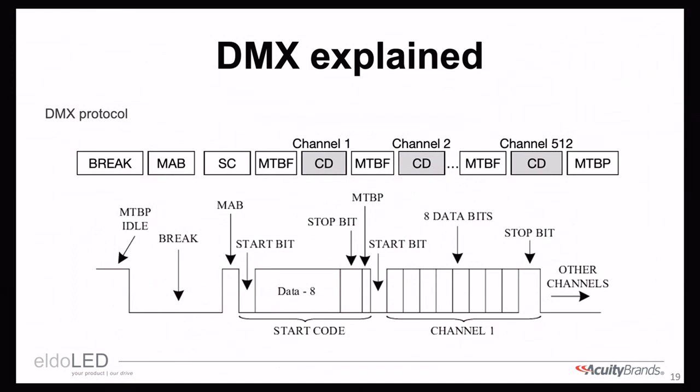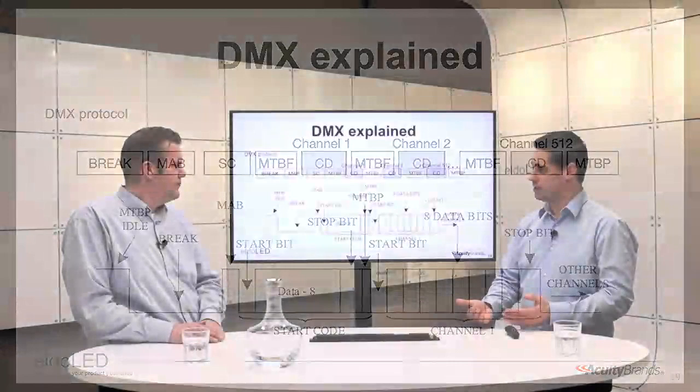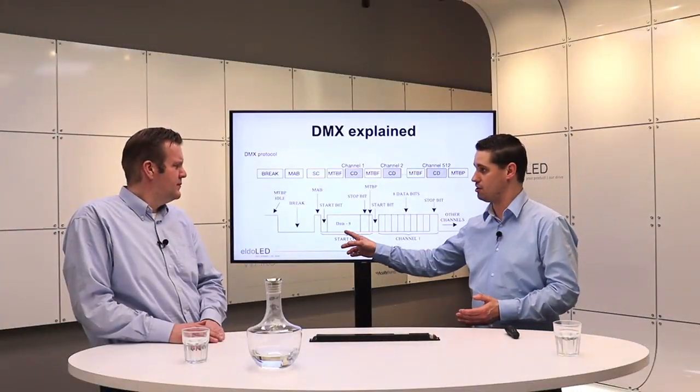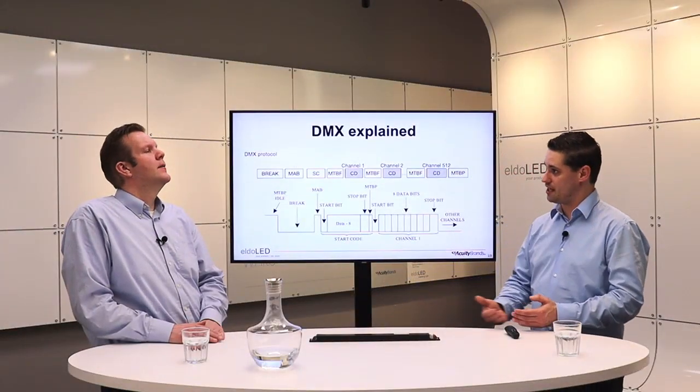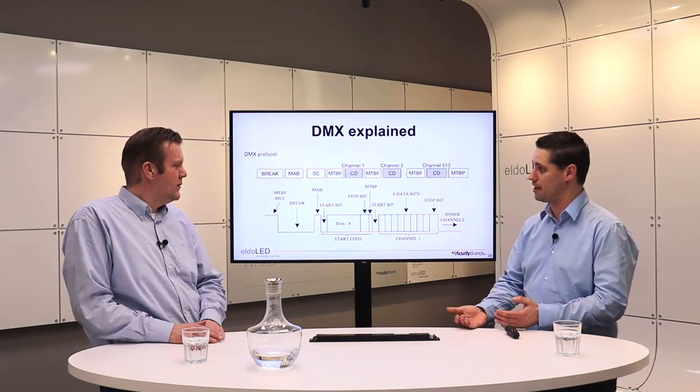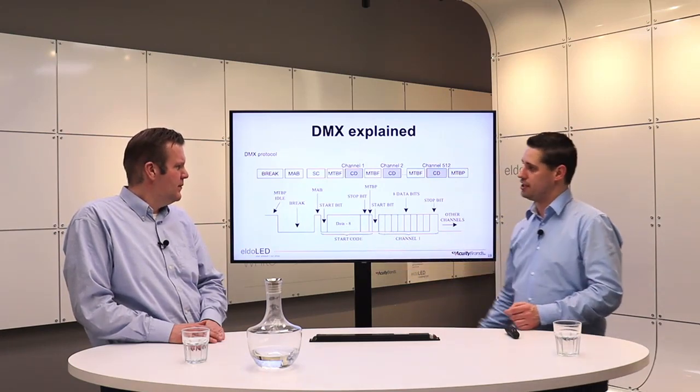And it all starts with the start code. The start code is the identification, which is all zeros in a typical DMX lighting information stream. But you could also have manufacturer-specific codes that tell the luminaire only to listen to that information if the luminaire is from that particular brand. So you could do some proprietary stuff over the DMX line.